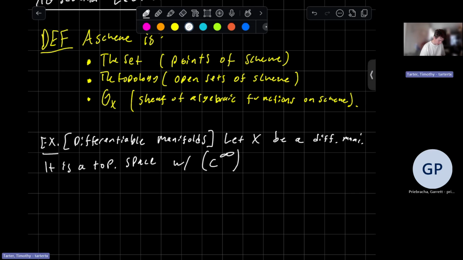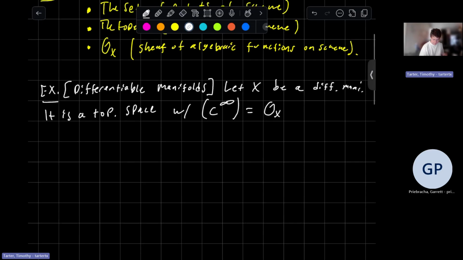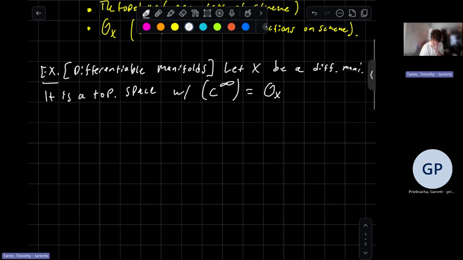And really, C infinity is our structure sheaf.